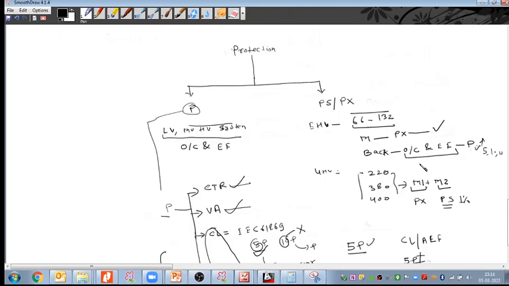For low voltage, if the application is for energy metering, in that case we can go with a 0.2S class CT. So there is no limitation in terms of voltage; based on the application we can select. Okay, so it's available in the market, right? I think so, available.